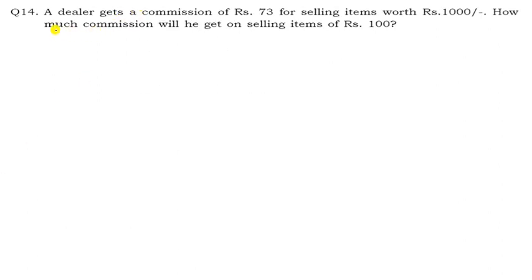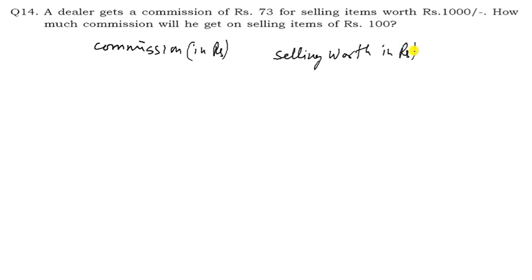Now come to the 14th question. A dealer gets a commission of rupees 73 for selling items worth rupees 1000. So first of all, write here commission in rupees, and here selling worth, that is also in rupees.